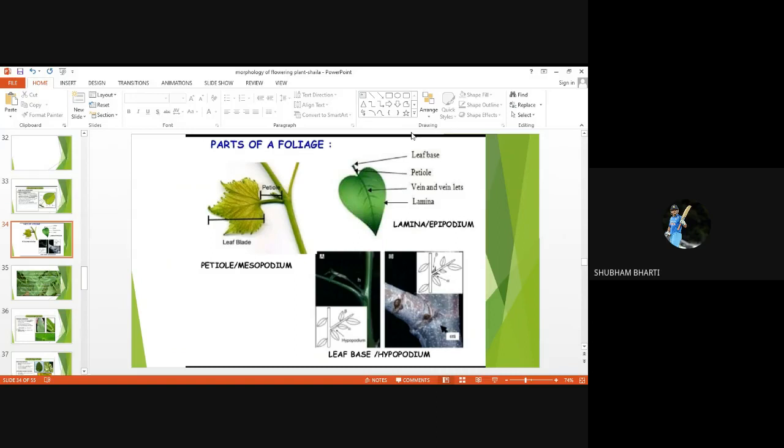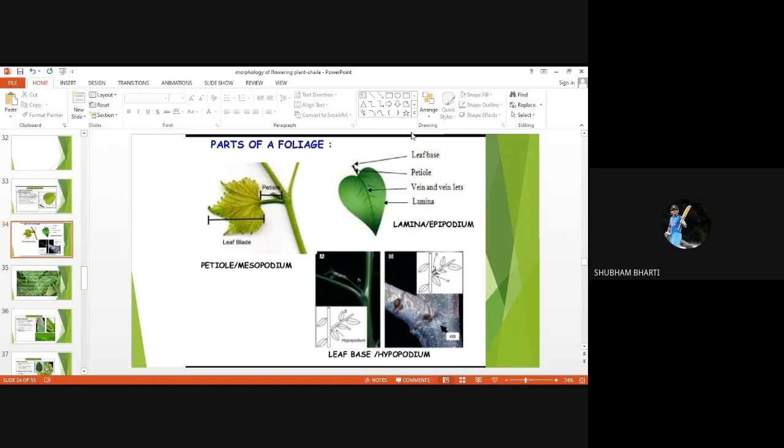Generally the lamina is green in color due to the presence of chlorophyll pigment. The lamina is provided with veins and veinlets, which is called venation, and the edge of the lamina is called the leaf blade.